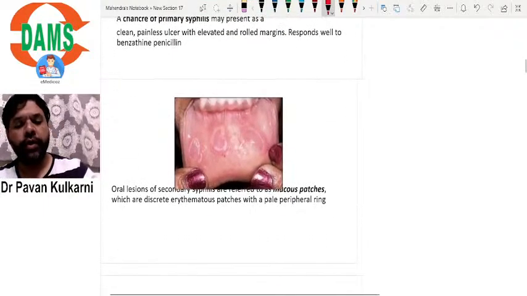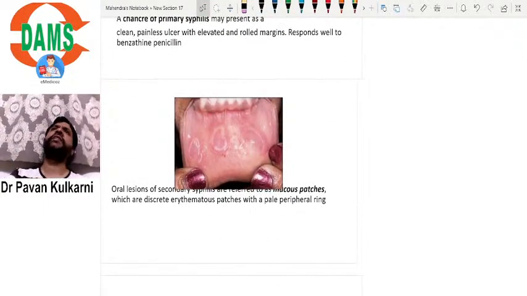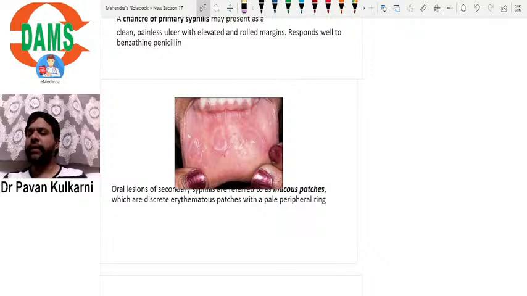Okay. Now, secondary syphilis. Primary syphilis is chancre. We have seen that chancre typically occurs on the lips. Usually they are solitary. Remember that. But secondary syphilis will have mucus patches. You can see on the lips there are 3 patches. They are called mucus patches. So mucus patch is a characteristic lesion of secondary syphilis.